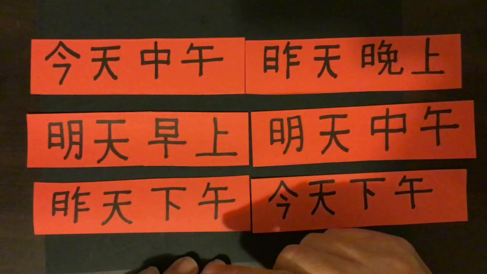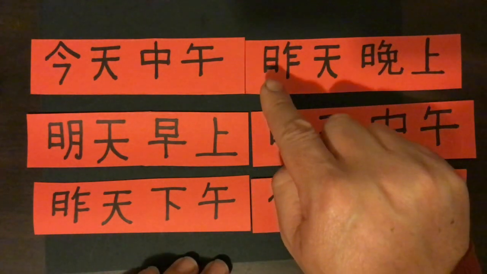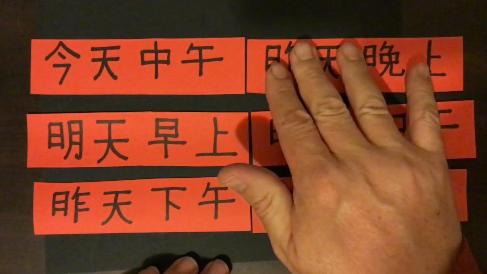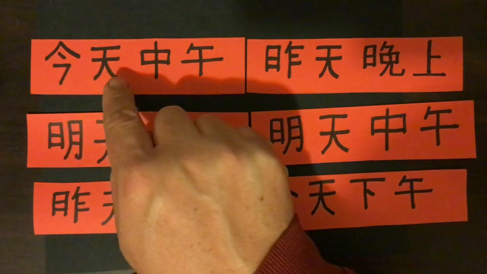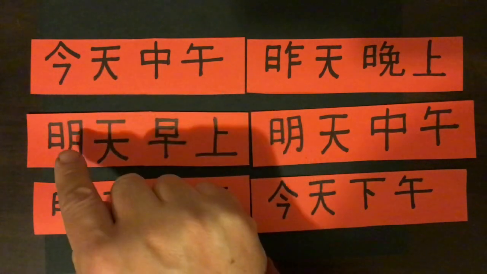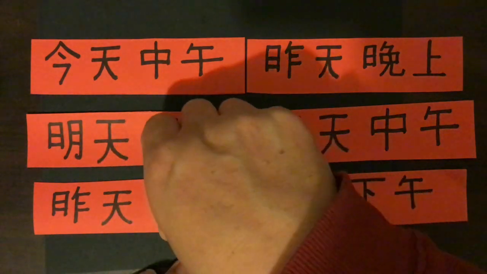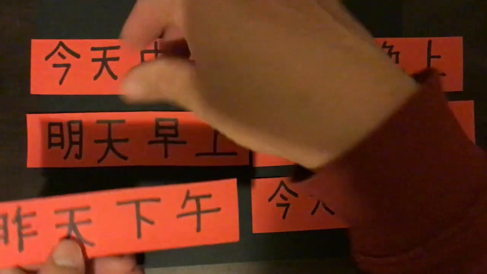Now, the first thing I need to remember is that zuo and zuotian means yesterday. Jintian means today. Mingtian means tomorrow. So let's put our zuotians just up here.